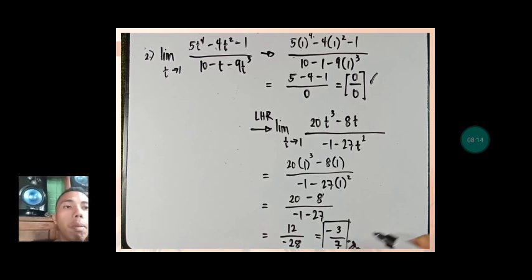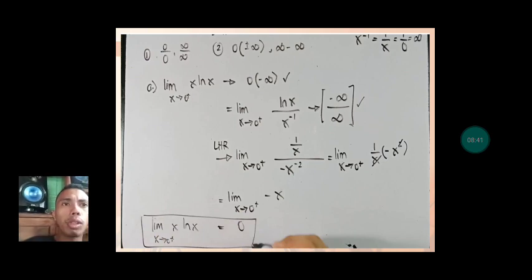So 20 times 1 cubed minus 8 times 1, over negative 1 minus 27 times 1 squared. We then get the simplified answer, negative 3 over 7. So this is the final answer, negative 3 over 7.